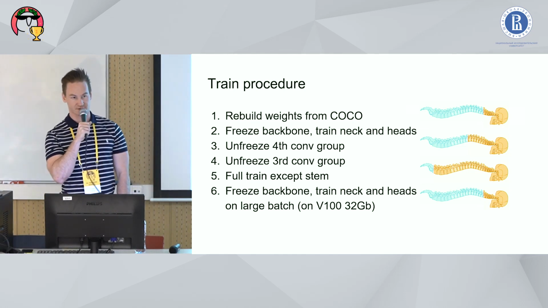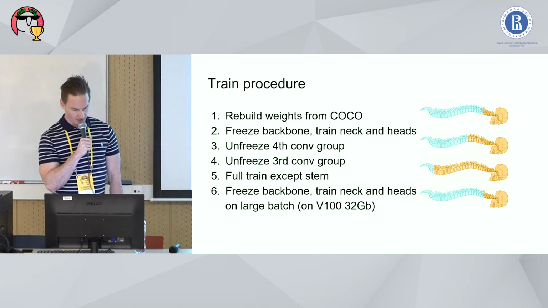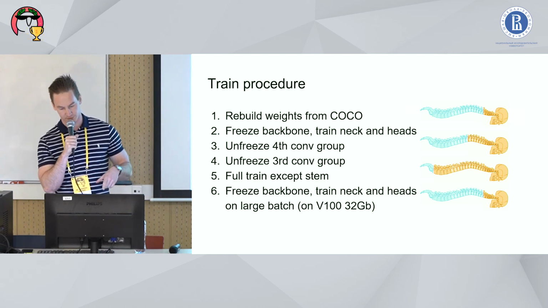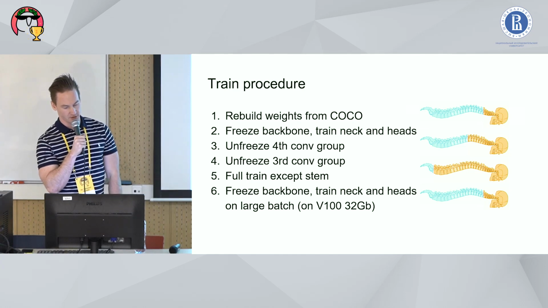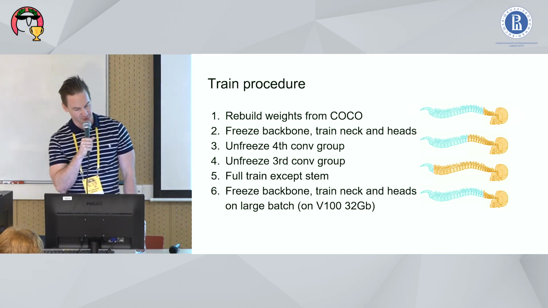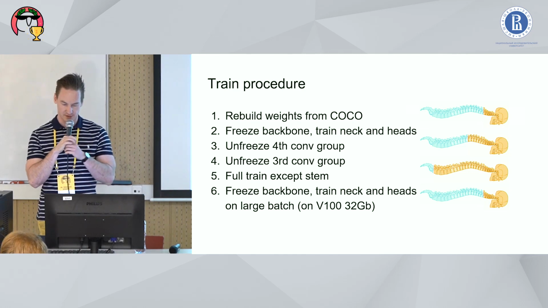The stem is just the first convolution with max pooling. And in the final step, I freeze my backbone again and train the neck and the head on a large batch. In my experiments, it was very important, I don't know actually why, but it was very important to use a large batch for this task.